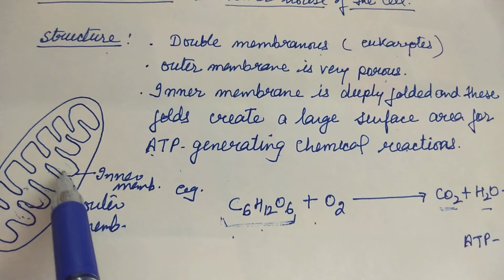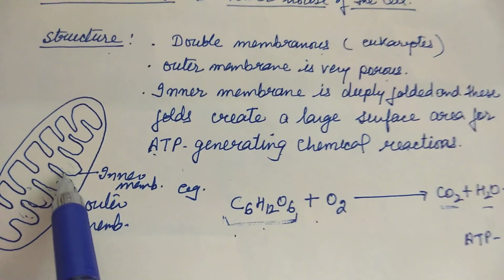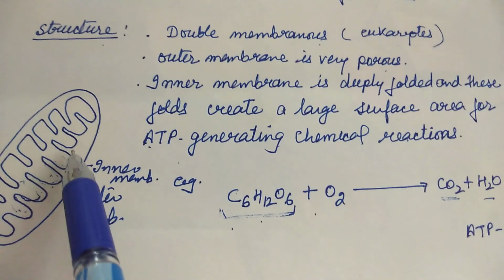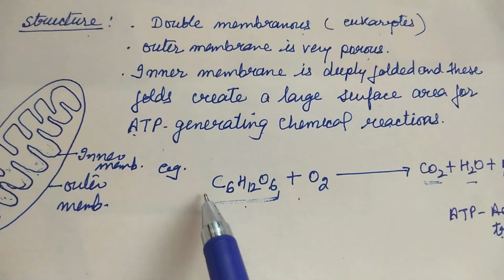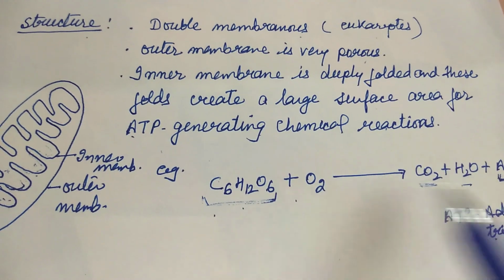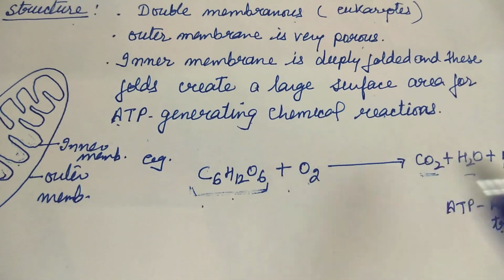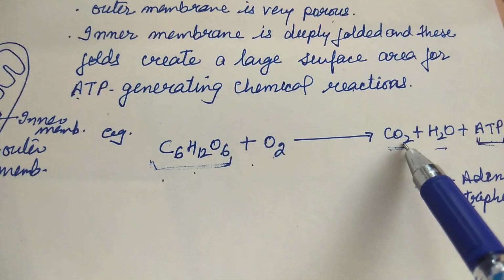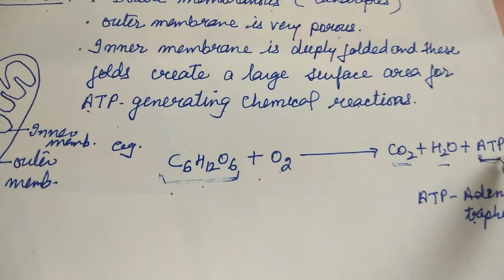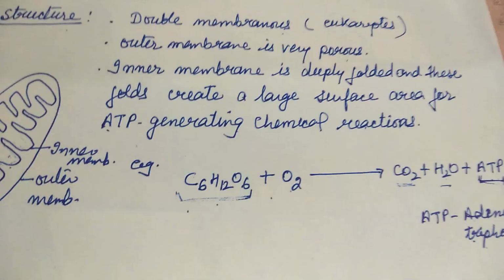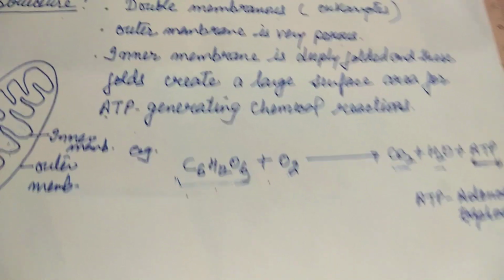There is a generation of ATP. That chemical reaction occurs, and this gives a larger area for it. Through this example we have shown how food burns in the presence of oxygen and releases CO2, water, and this ATP, which is adenosine triphosphate. That's why it's called the powerhouse of the cell.